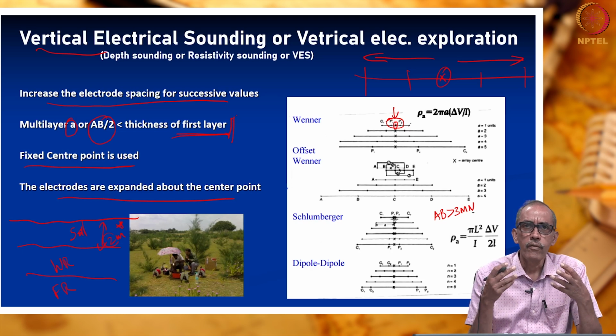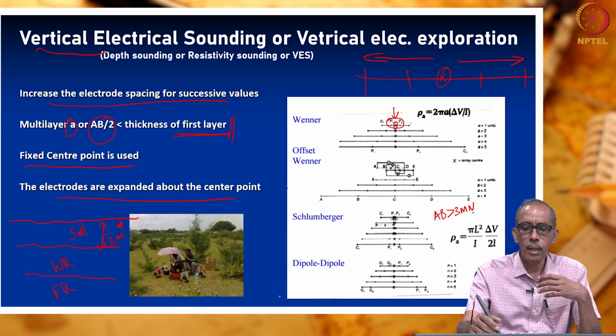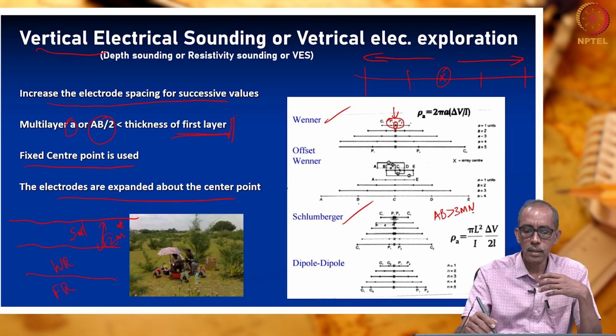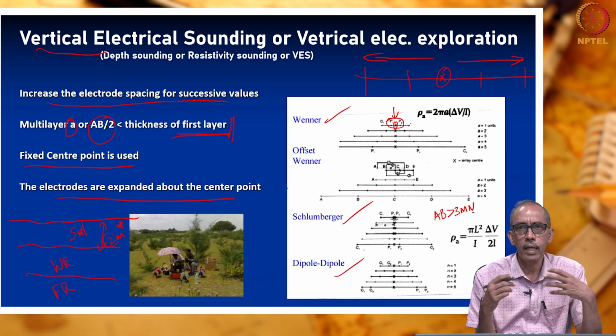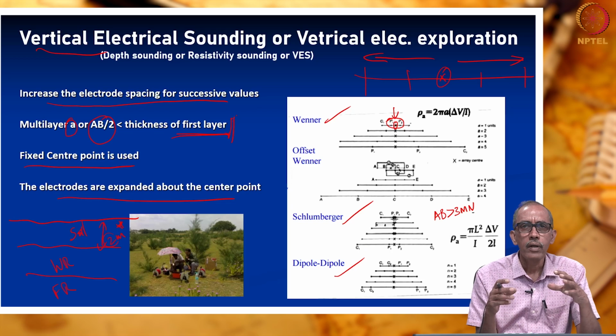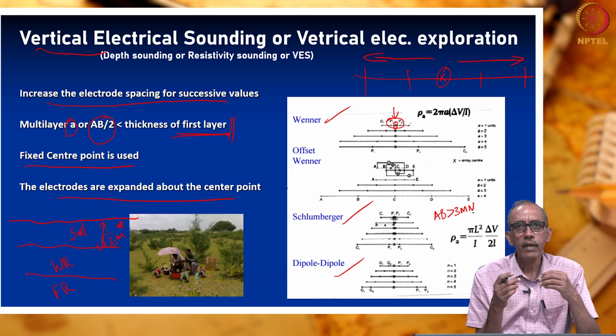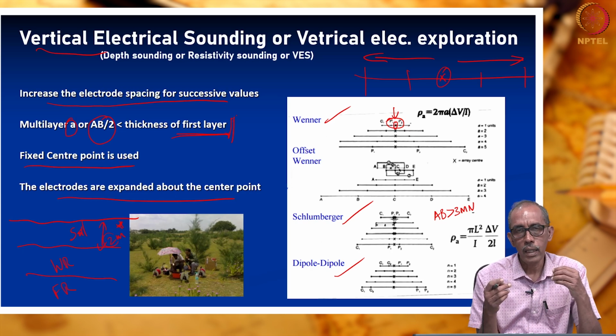But we can do it by any method as shown in this diagram. You can do it by Wenner or Schlumberger or dipole. In any way we can do, but during the investigation in the field, I find it easier to go with Schlumberger method. Why?